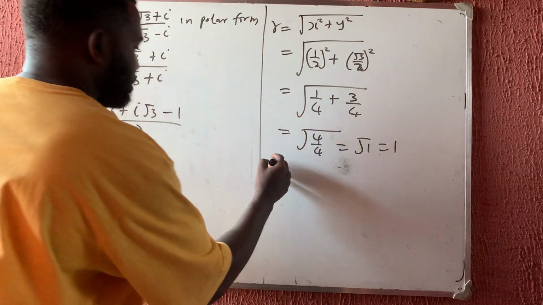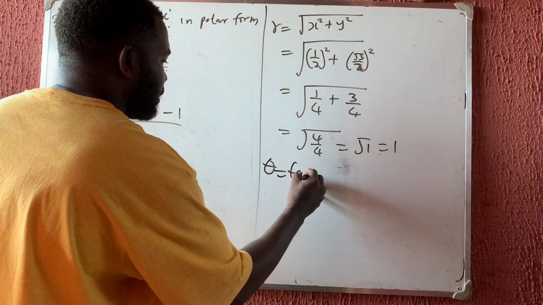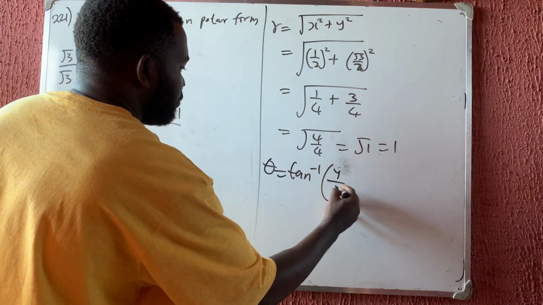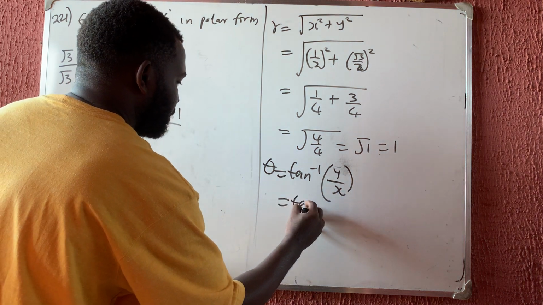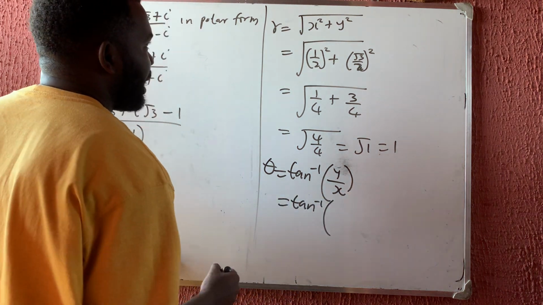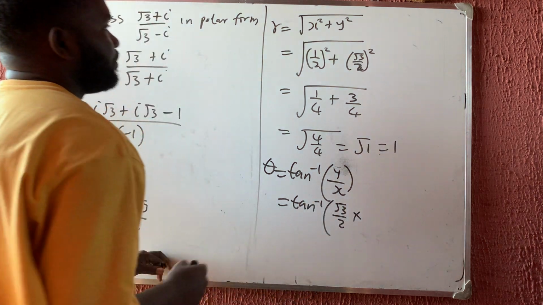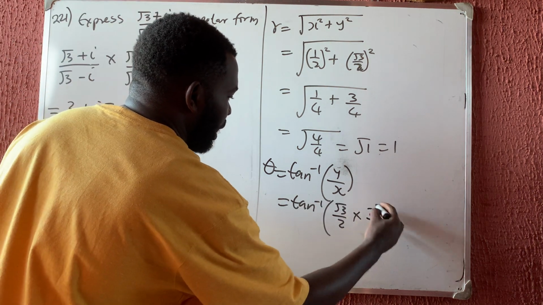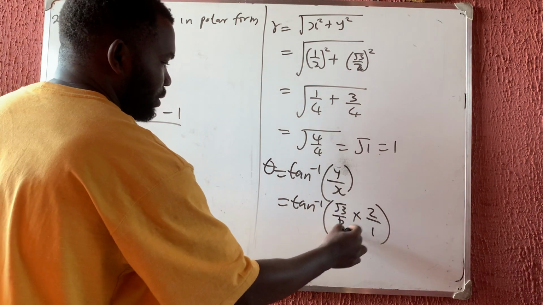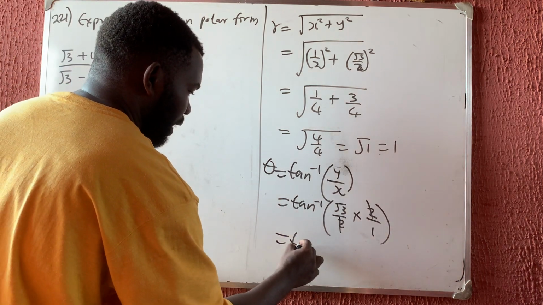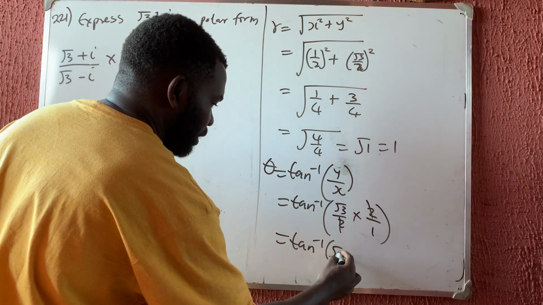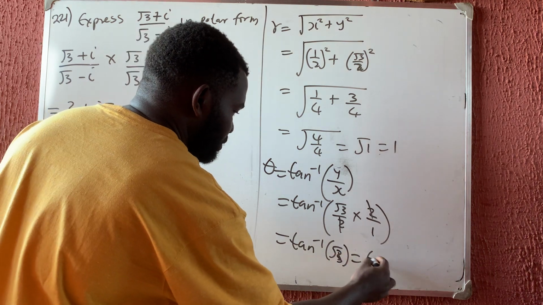So the argument theta is equal to the tan inverse of y over x. My y is root 3 over 2 times 2 over 1. So if you change divide to times, this takes care of this. I have the tan inverse of root 3, which is equal to 60.